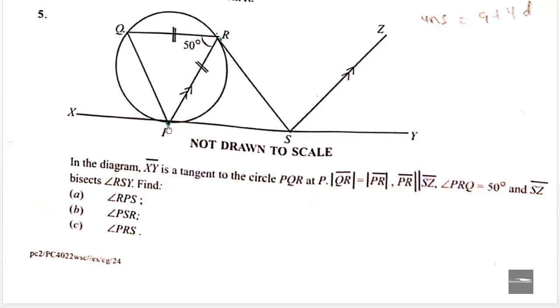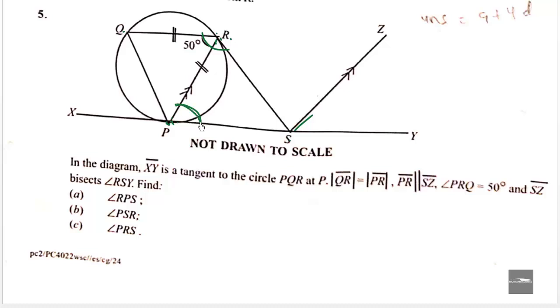And line segment PR is parallel to line segment SZ, so this line and this line are parallel. Angle PRQ is 50 degrees and line segment SZ bisects angle RSY. Find angle RPS. RPS, this angle here.